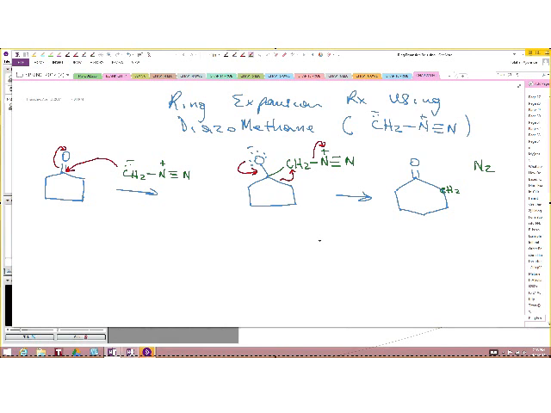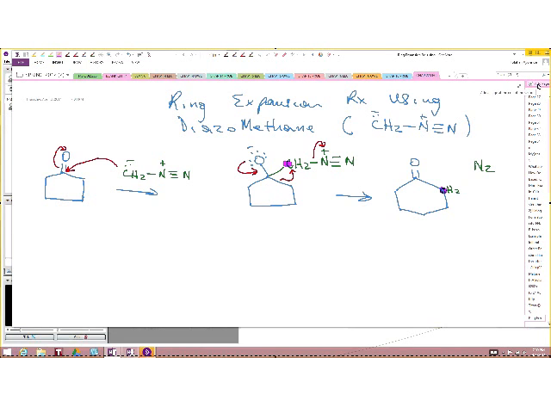It is also possible to contract your ring using the Favorskii reaction. Yes? No, what I'm simply trying to point out is that this carbon here is this here. This here is this right here.